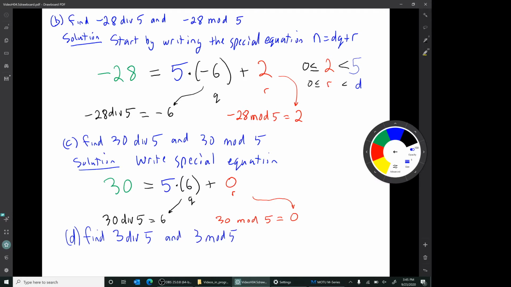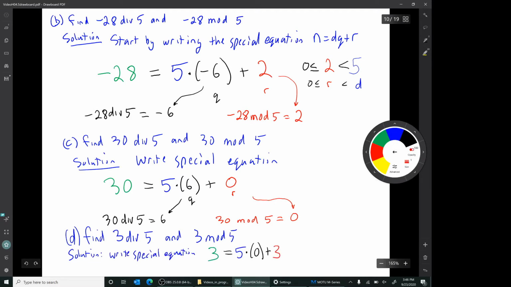So the solution here is to write the special equation. Notice in this equation my q is 0. So that tells me that the answer to 3 div 5 is 0. And my r is 3. So there's our answer.